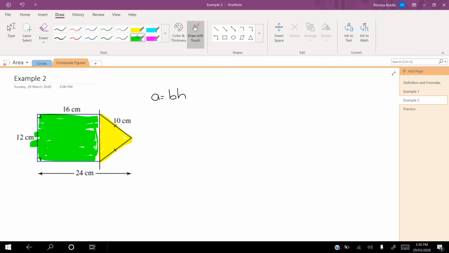We can see that the height is 12 and the base is 16. A equals 12 times 16. And when you multiply 12 and 16 together, you get A equals 192 centimeters squared for that green shaded portion.